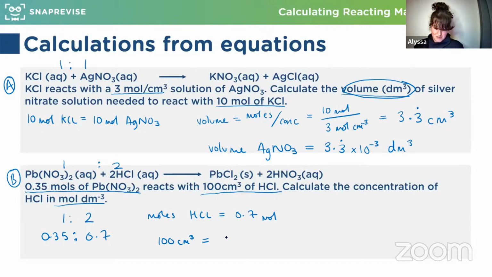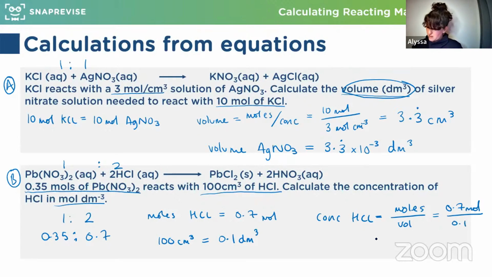So 100 centimeters cubed is 0.1 decimeter cubed. The concentration of HCl is moles divided by volume, which is 0.7 divided by 0.1, which means our concentration is 7 mole per decimeter cubed.